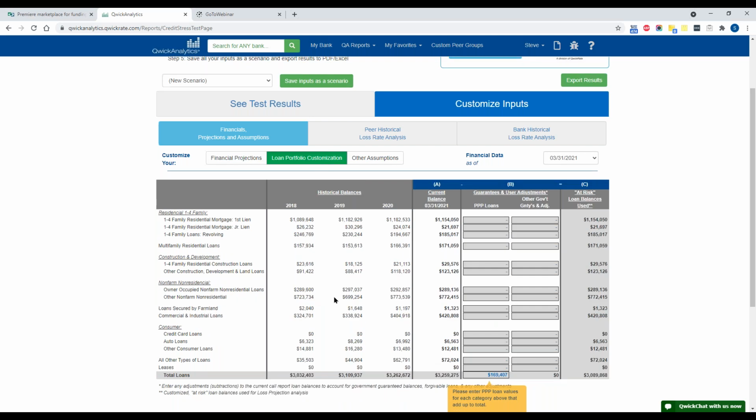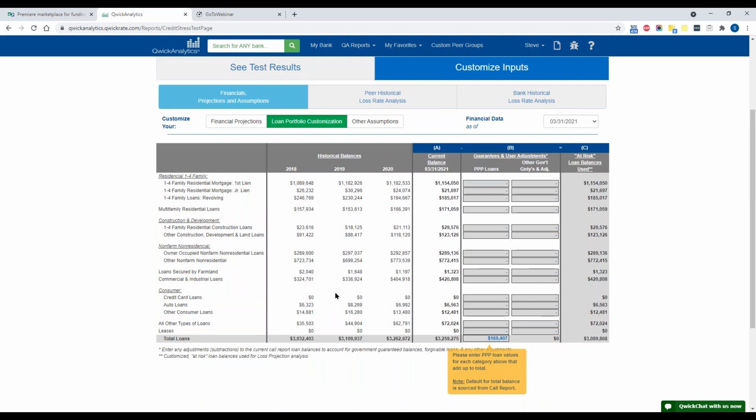We also ask you to help us with some customization of your loan portfolio. While we obviously have access to all the call report data, we want to make sure we properly modify those balances so that we're not considering loans that aren't really at risk or we wouldn't be seeing losses on. So for example, PPP loans or COVID loans. This is the sample bank we're using today, for anyone who's curious, a relatively large community bank up in New England.